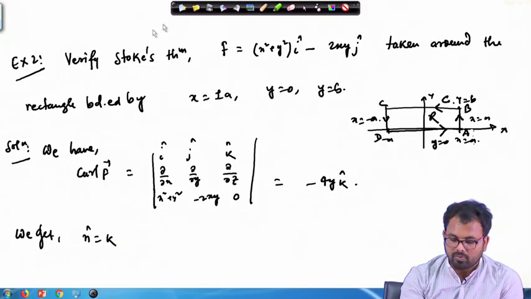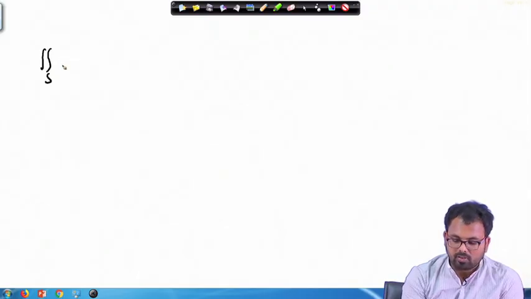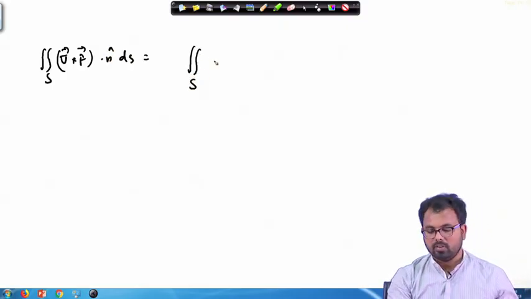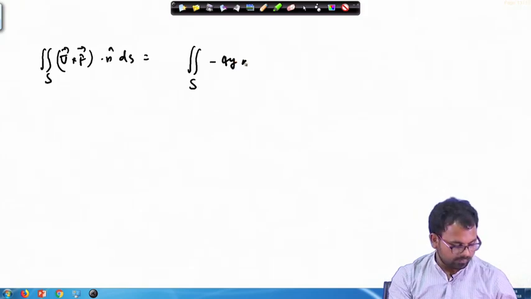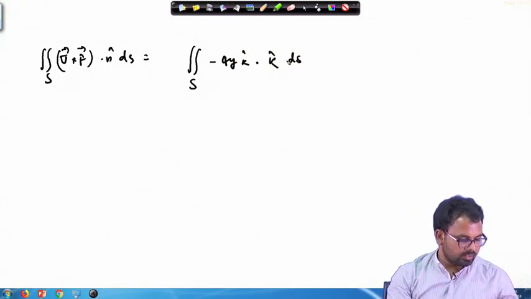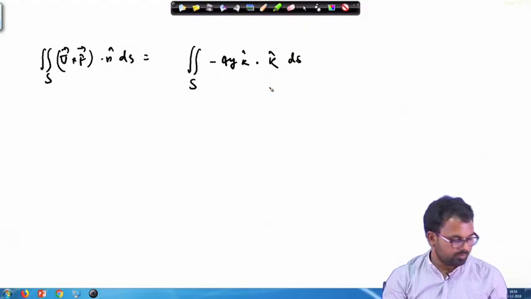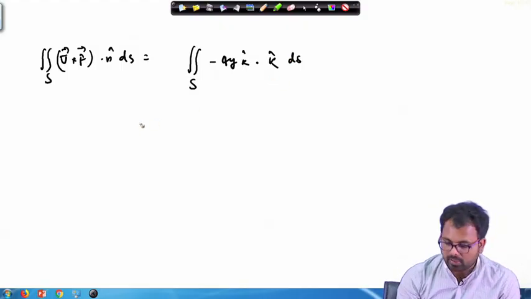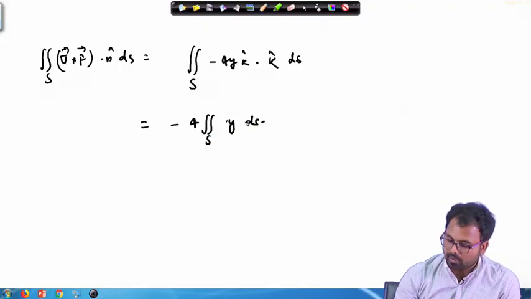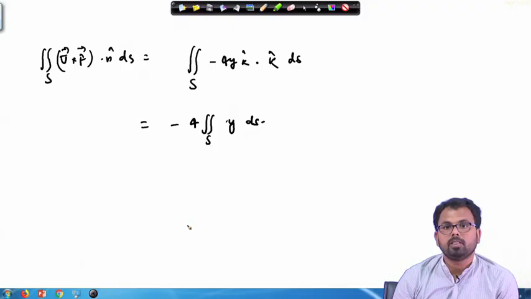Therefore, the surface integral of curl of f dot n ds is minus 4y k dot product with k ds, which is minus 4y ds, and ds is the surface element in the x y plane.